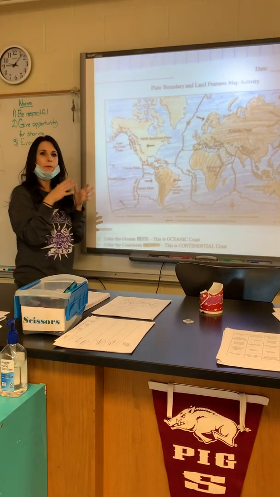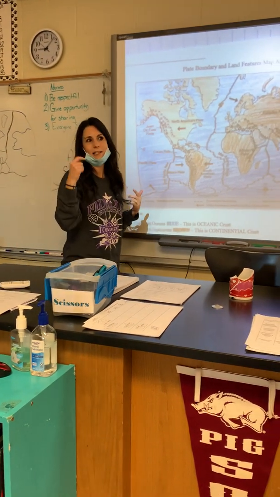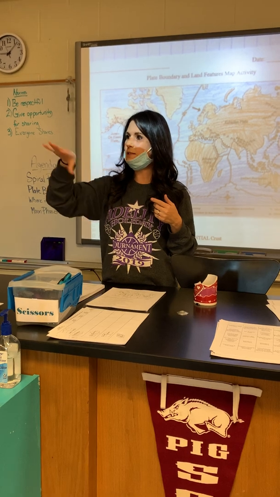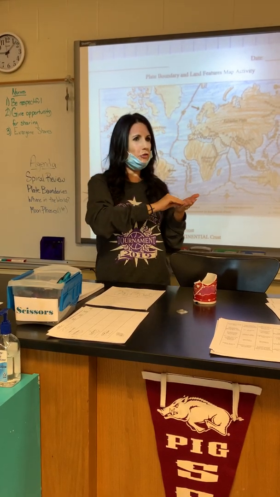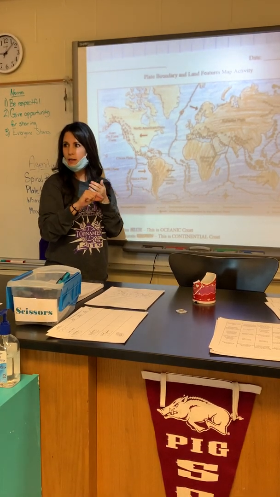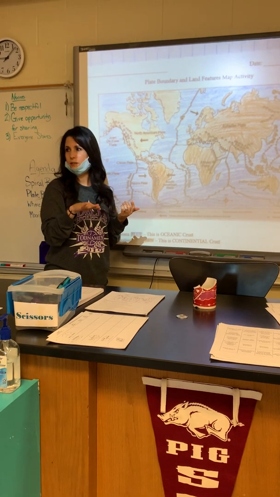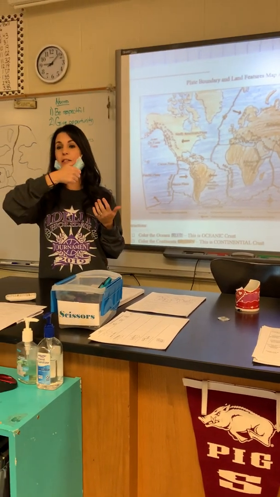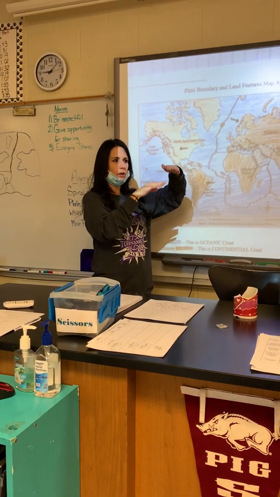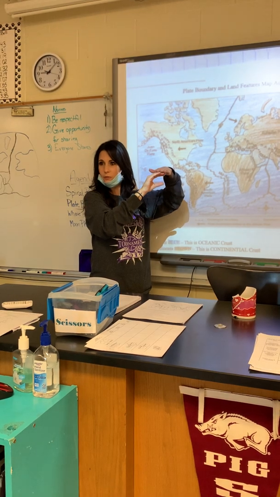All right, now my plates are going to move based on what? What's happening inside our asthenosphere? Convection currents. So what happens is that magma hits that 900 degrees there at the bottom of the outer core, and it goes where? What happens when it hits 900 degrees? It goes up because heat rises, right? We talked about this. Then right underneath our crust, it's 700 degrees. So what's that magma do? Go down.